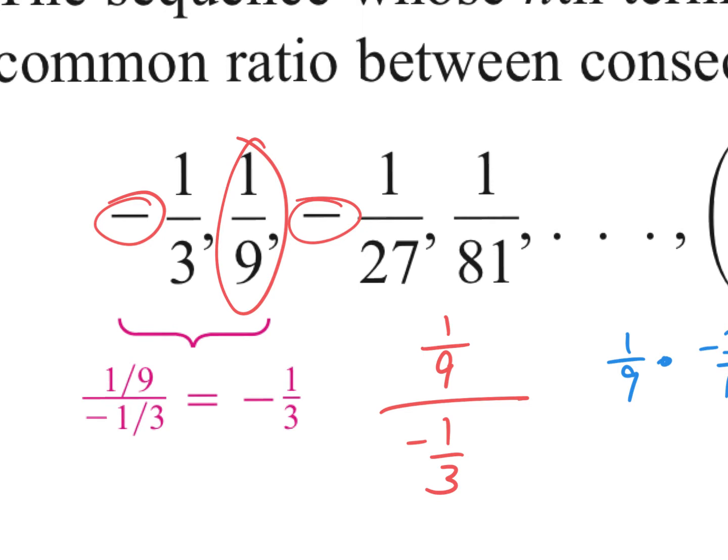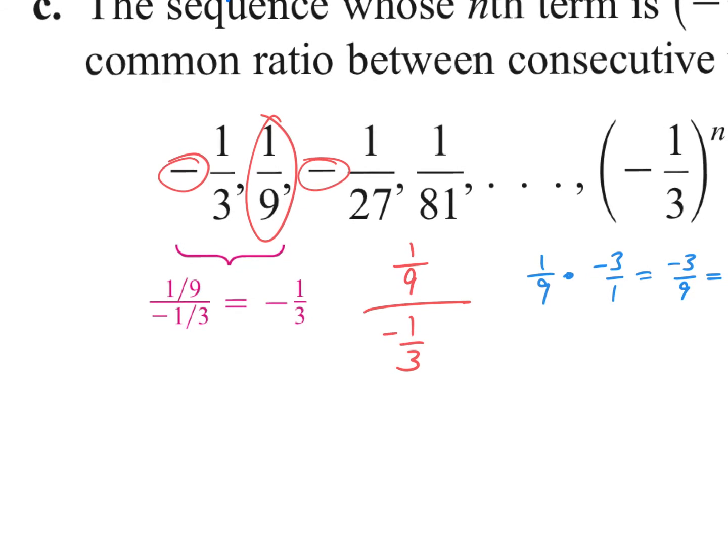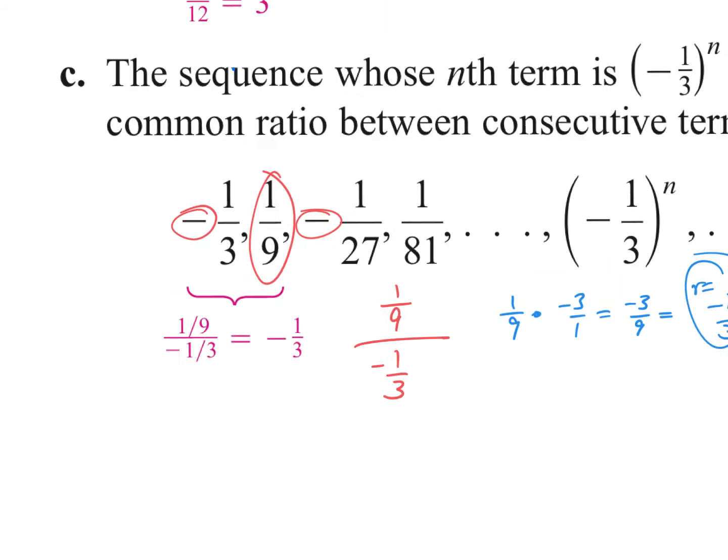Then a negative times a negative is a positive. So when you have a negative common ratio, you should notice that your signs will alternate. So that's a good thing to look for. When you get a sequence of numbers and you see that the numbers alternate from signs, you can go, oh, that's probably geometric, and it's probably a negative common ratio. Does that make sense? Okay, good job, guys.